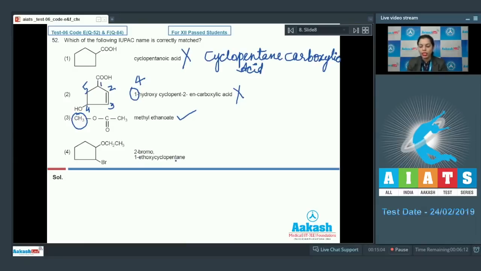Further, if I talk about the next option, in this case the name given is 2-bromo-1-ethoxycyclopentane. Let's provide the numbers to these carbons. In this case, the numbering should be started from bromine in this way. So what would be the correct name in this manner? The correct name should be 1-bromo-2-ethoxycyclopentane.